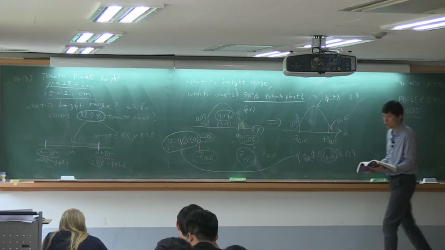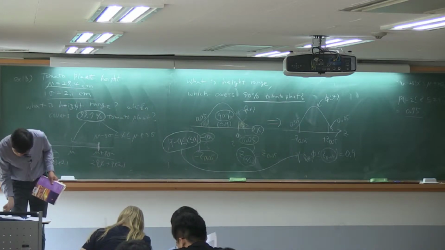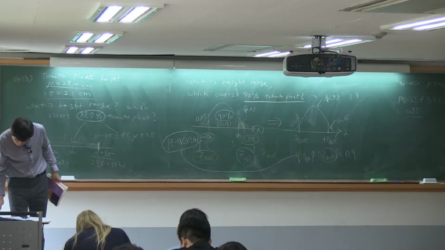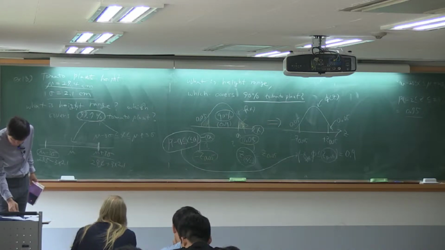Actually, if you look at the table, it gives only z alpha.